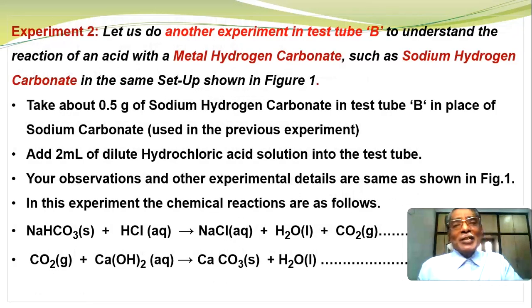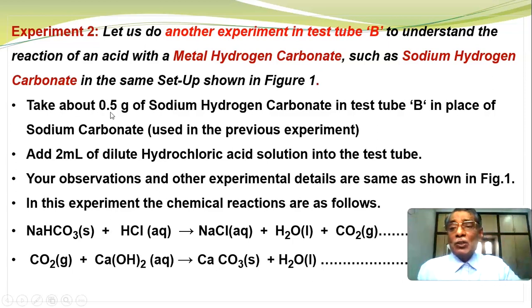Let us do another experiment in test tube B to understand the reaction of an acid with a metal hydrogen carbonate, such as sodium hydrogen carbonate, in the same setup as shown in figure 1 earlier.